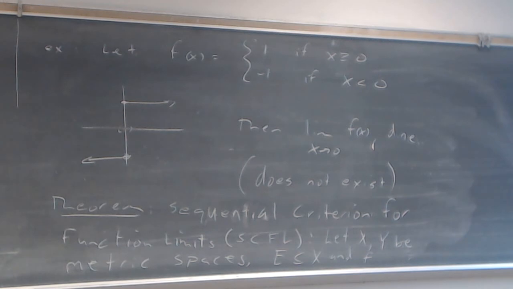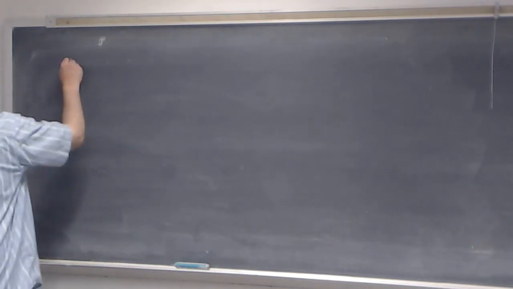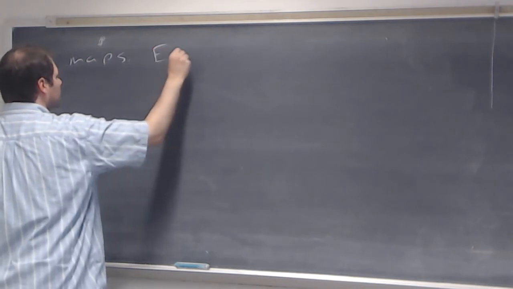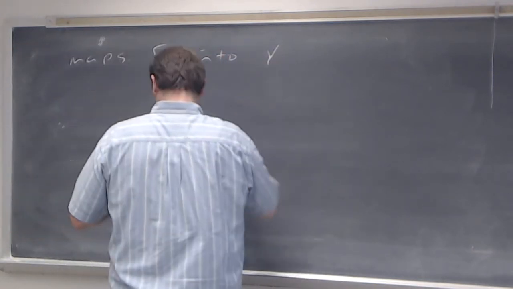It's going to map E into Y. So F maps E into Y. Okay.